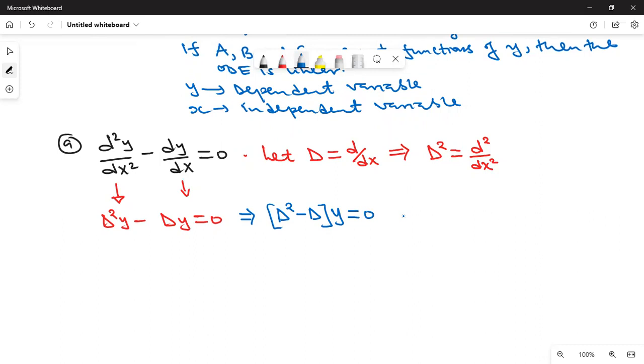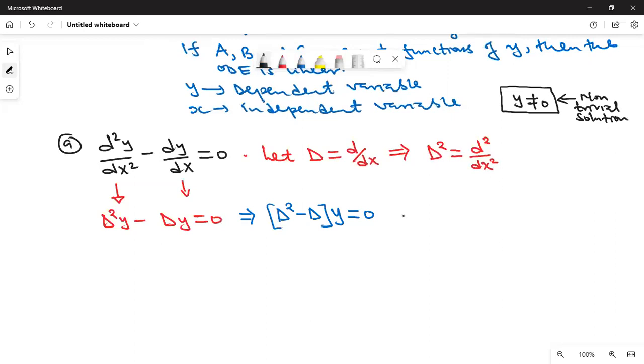Non-trivial means the solution where y is not equal to 0. This is a non-trivial solution. That is the solution that we need.